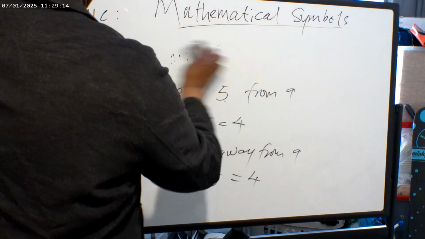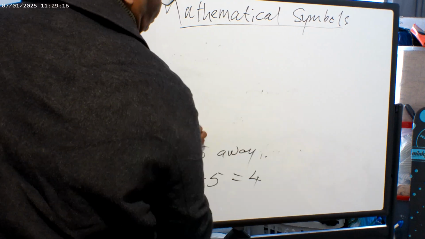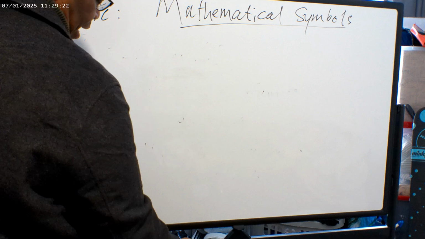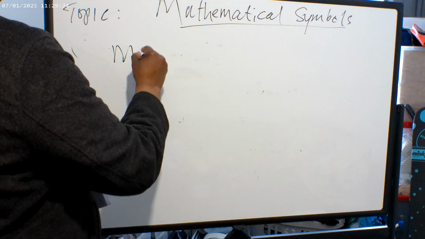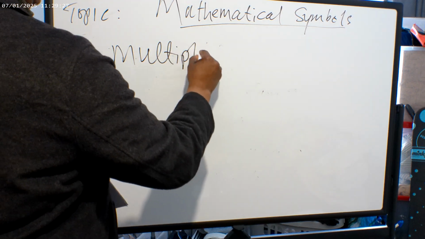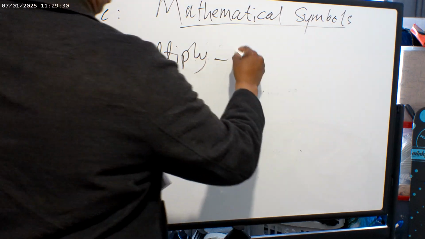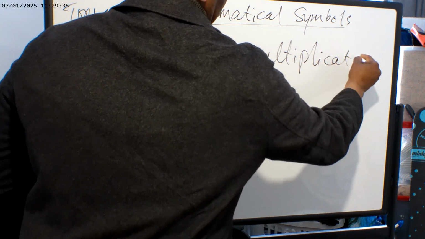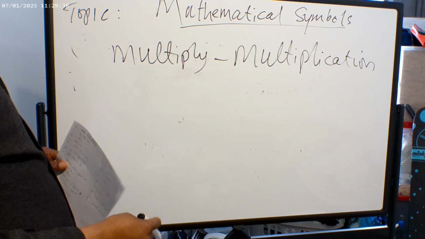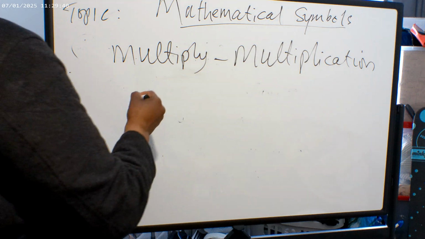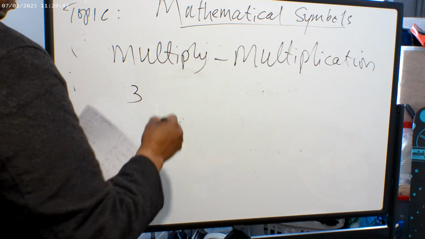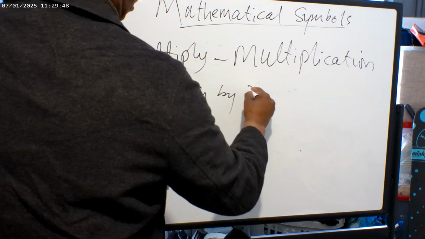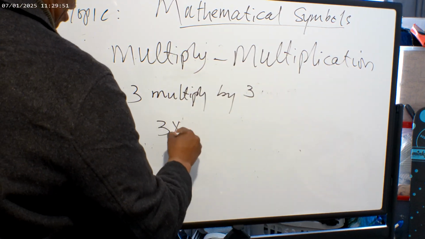So we'll move on to the next one, which we call multiplication. To multiply. So if I say multiply 3 by 3, it means 3 times 3.